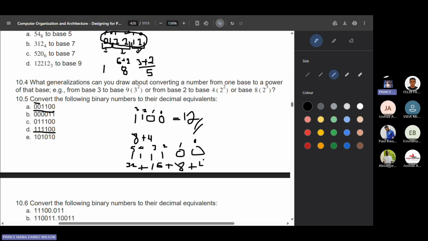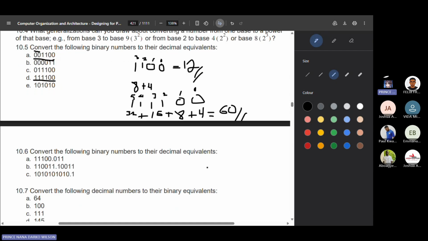And the zeros are not significant, so you can do away with them. So 32 plus 16 gives us 48, and 48 plus 8 is 56, and 56 plus 4 gives us 60. So boom, boom. And these ones are quite safe because you can use your calculator to go ahead and punch them. So please, do we agree?